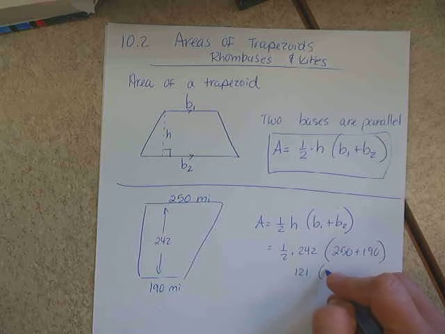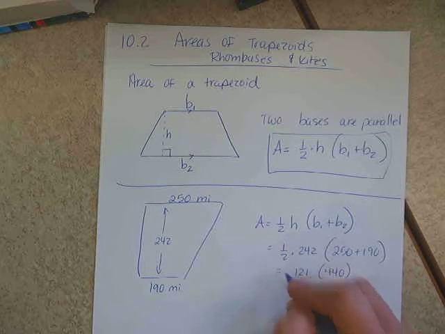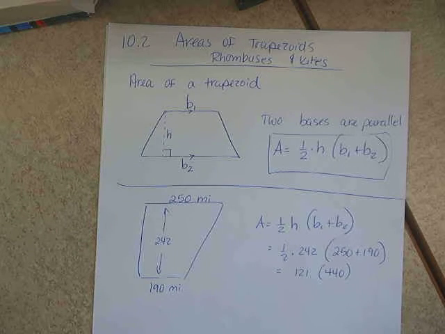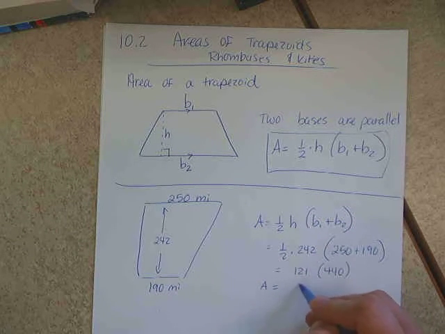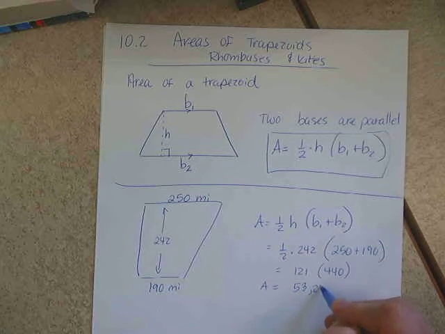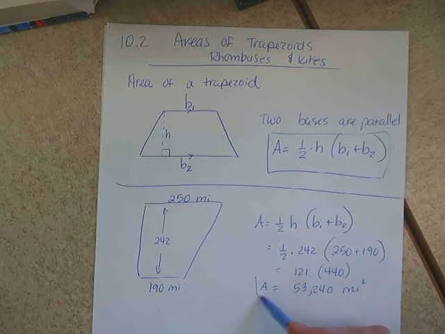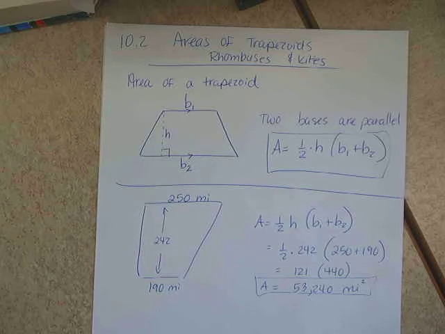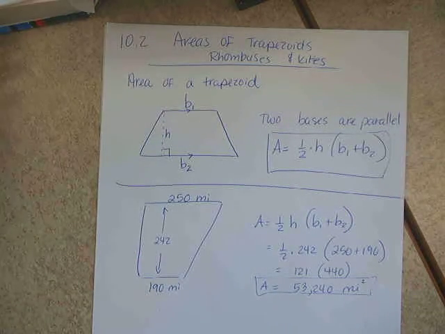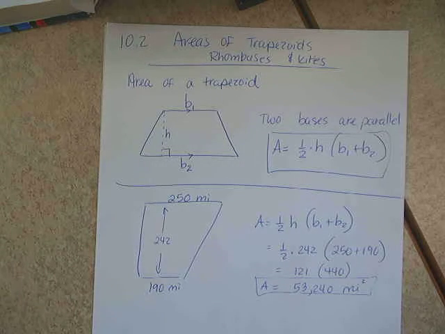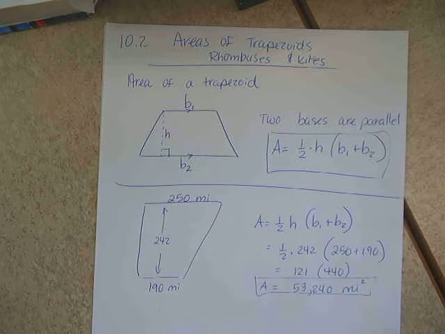Half of 242 is 121, and the sum is 440. So the area is approximately 53,240 square miles. Or not 5,000, 53,000, sorry. Square miles.